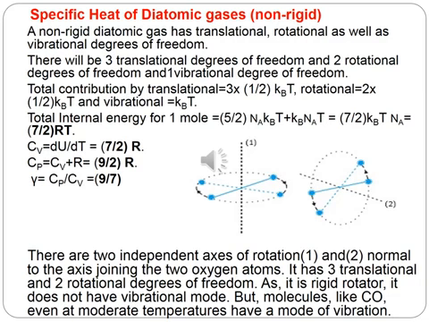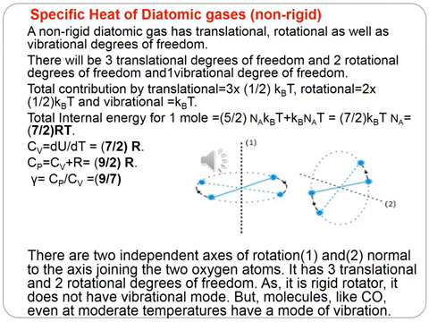The given figure shows there are two independent axes of rotation, 1 and 2, which are normal to the axis joining the two oxygen atoms in the oxygen molecule. You know, oxygen is a diatomic gas molecule since its molecule contains two atoms.